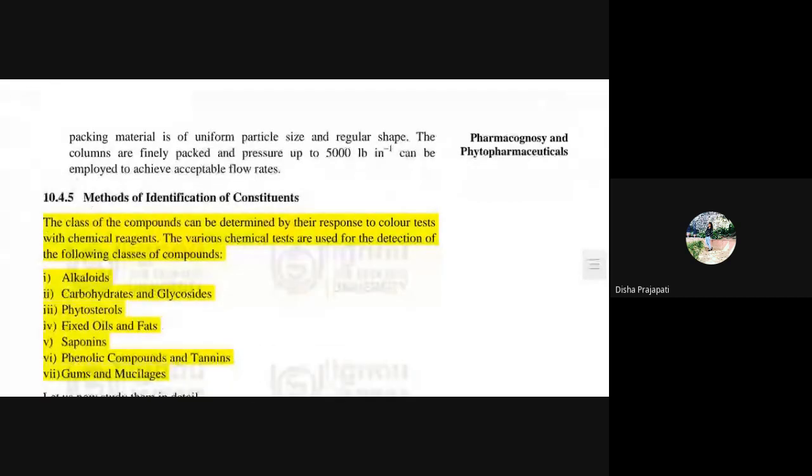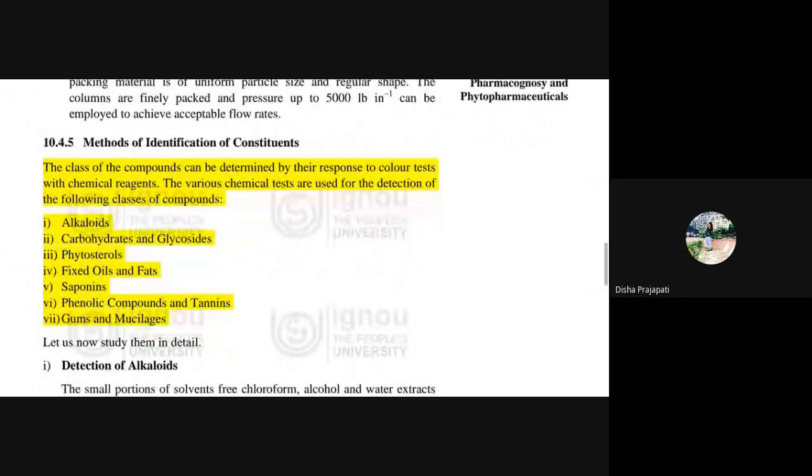Now, the methods of identification of constituents. The class of compounds can be determined by their response to color tests with chemical reagents. The various chemical tests are used for detection of the following classes of compounds, such as alkaloids, carbohydrates and glycosides, phytosterols, fixed oils and fats, saponins, phenolic compounds and tannins, and gums and mucilage.